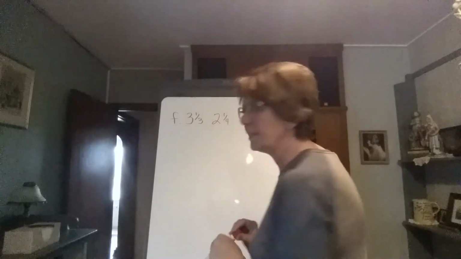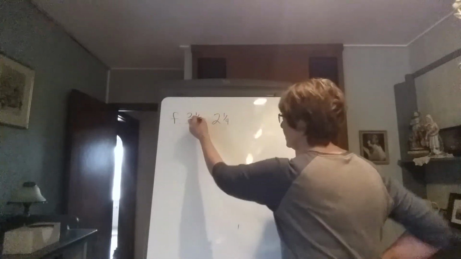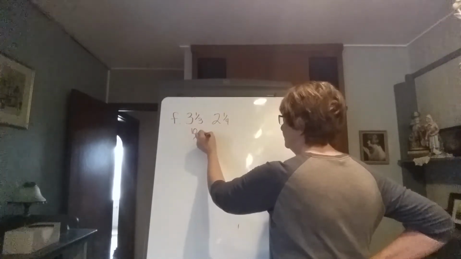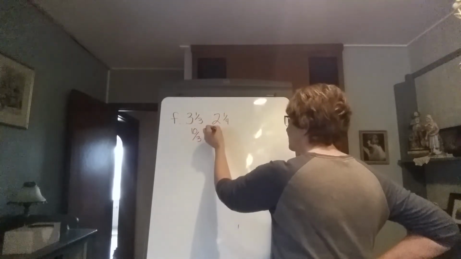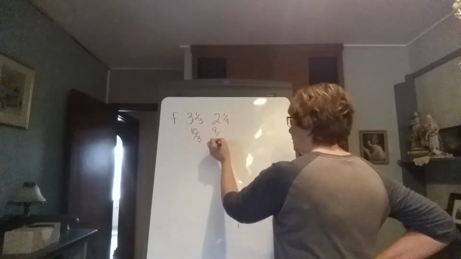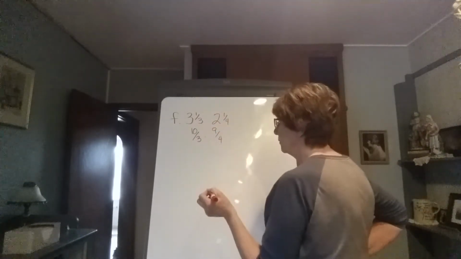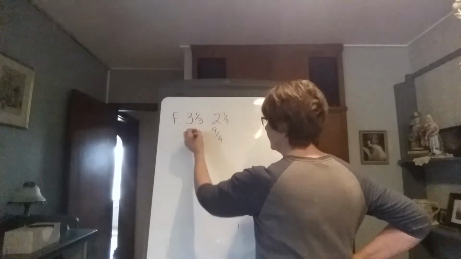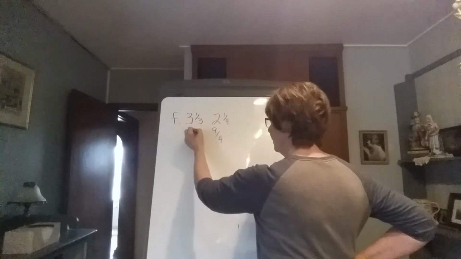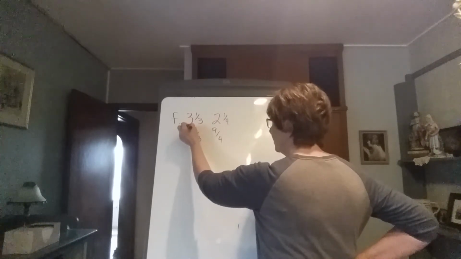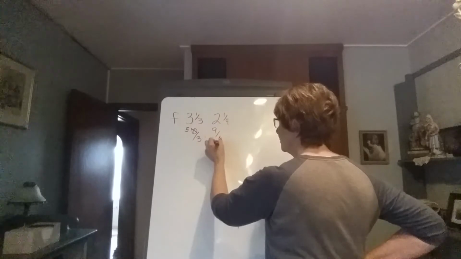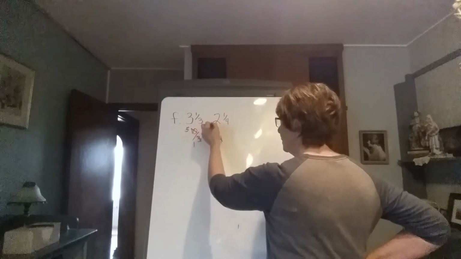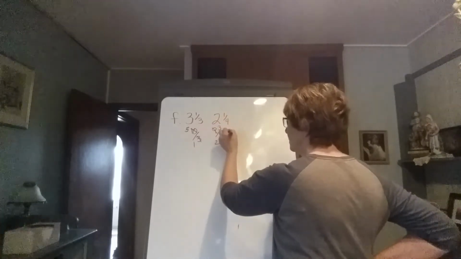Okay, let's see if you did it the same way I did and got the same answer. 3 times 3 is 9, plus 1 is 10 over 3. 2 times 4 is 8, plus 1 equals 9 over 4. Now, both sides can be worked with. It doesn't matter which one you do first. So these two go into 2. So 10 divided by 2 is 5. 4 divided by 2 is 2. These go into 3, goes into 1, 9 goes into 3 times.